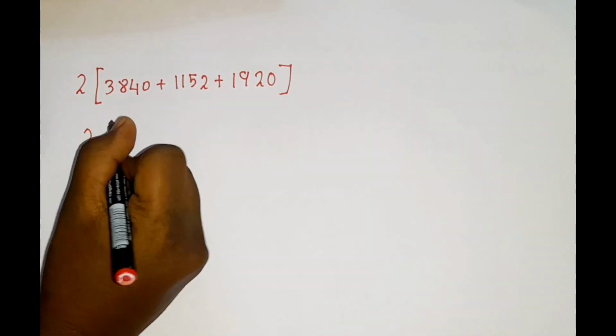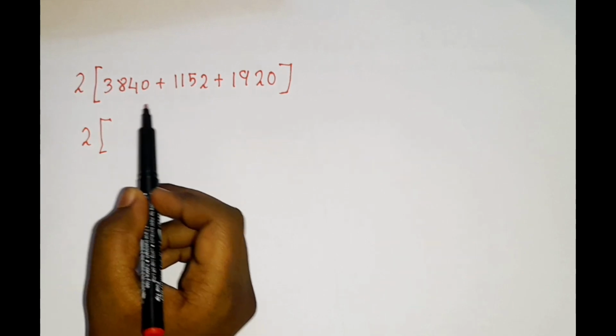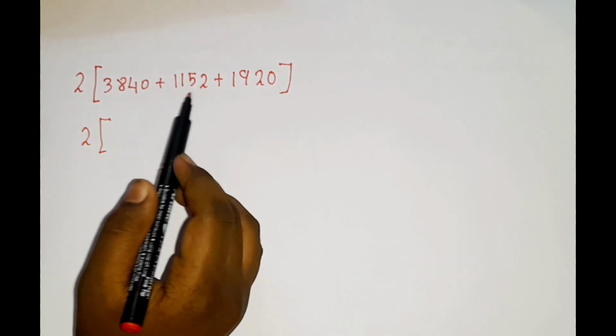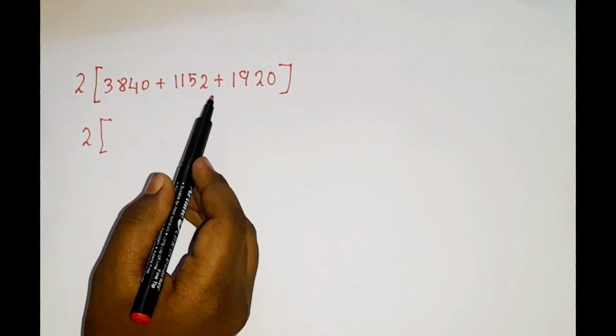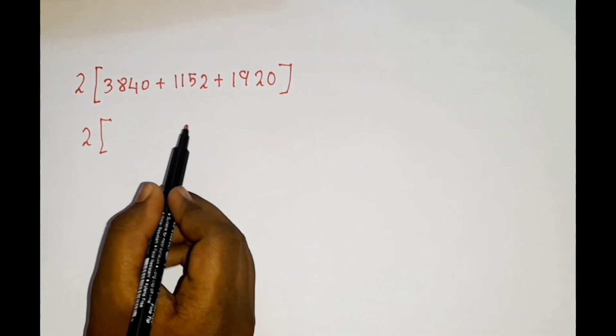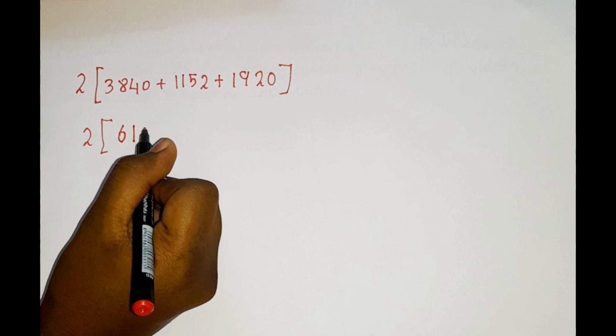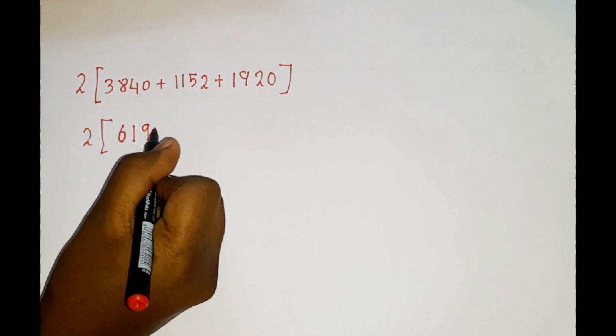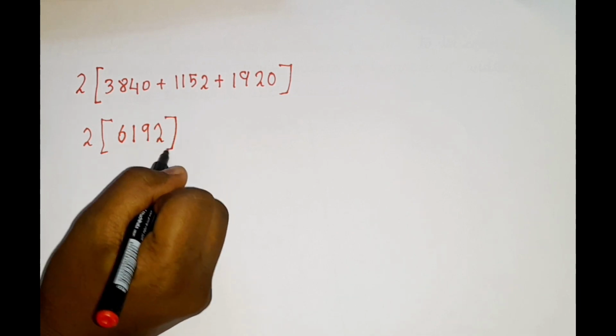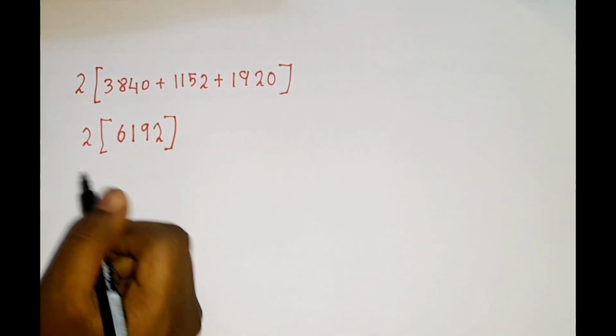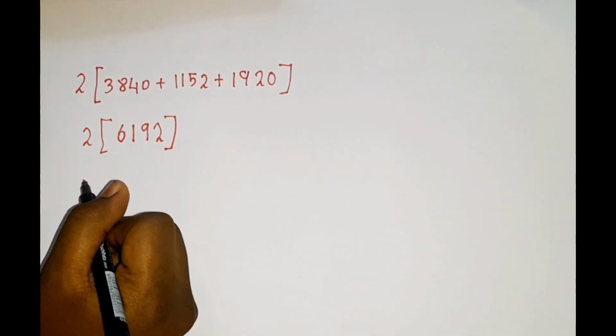So now we shall add it, okay? So when we add 3840 plus 1152 plus 1920, we get the answer 6192, okay? So now what is left? We have to multiply this with 2, am I right?